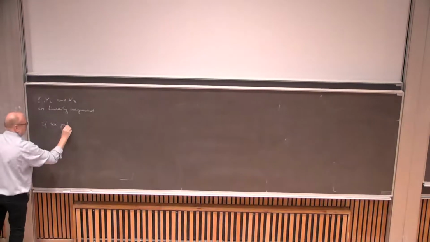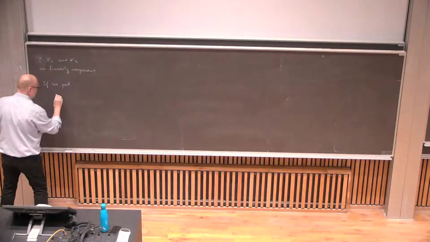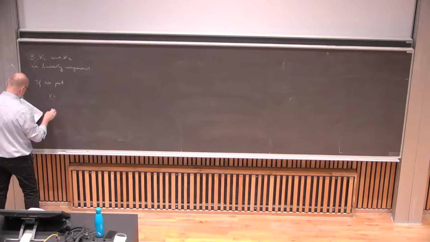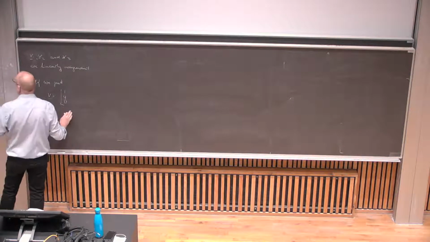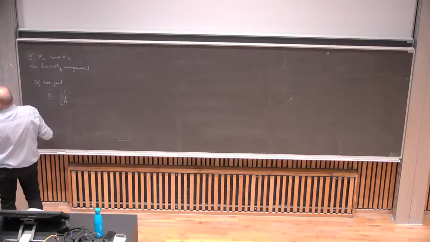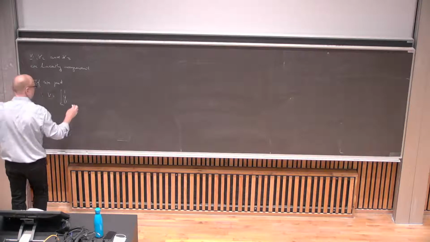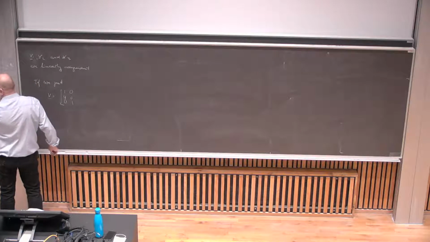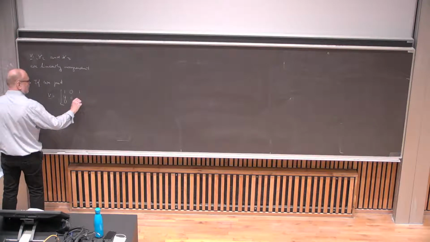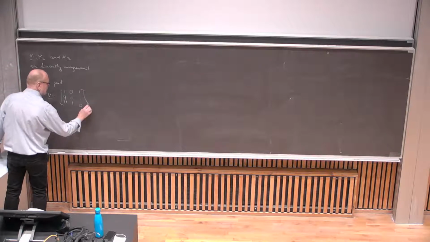So if we put V equal to 1, 4, 0, this was the first of the eigenvectors, and then the second 0, 0, 1, and the third is 1, 1, 0.